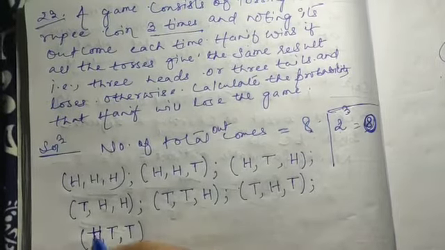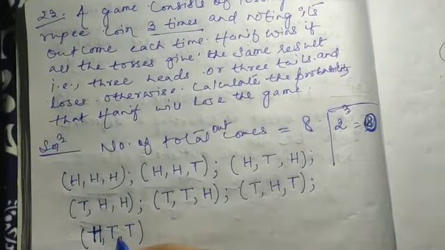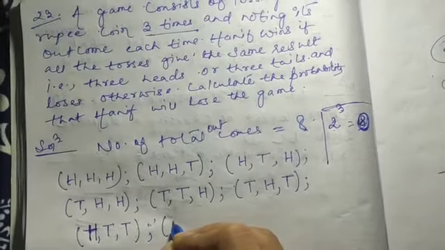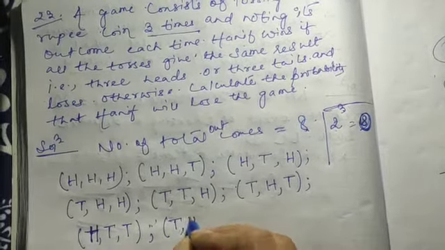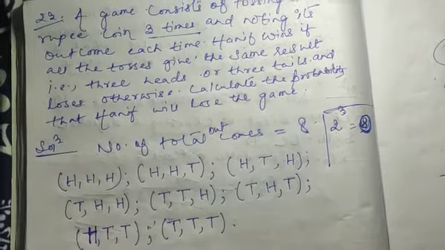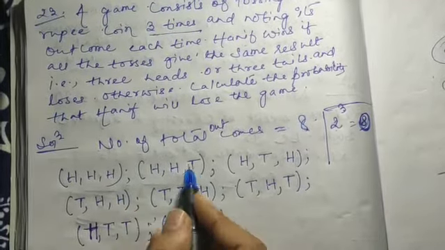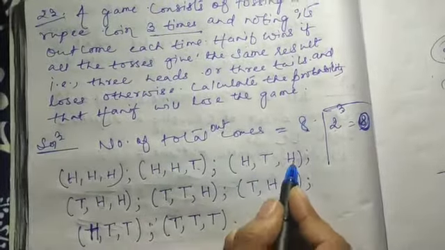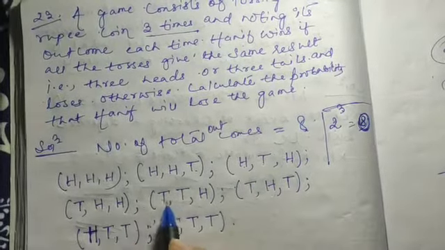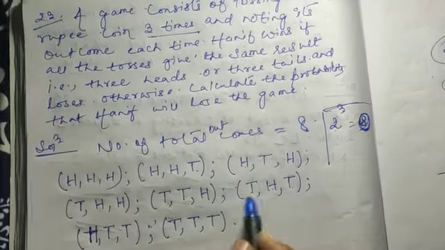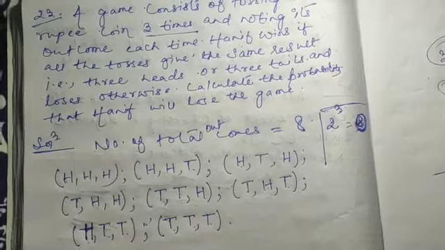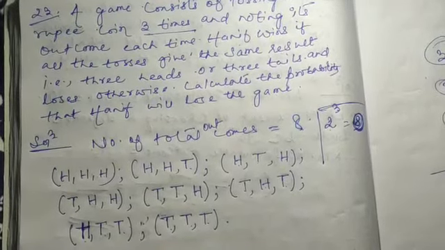Possible? Then tail, first also tail, second also tail, third also tail. So these 8 outcomes may come.